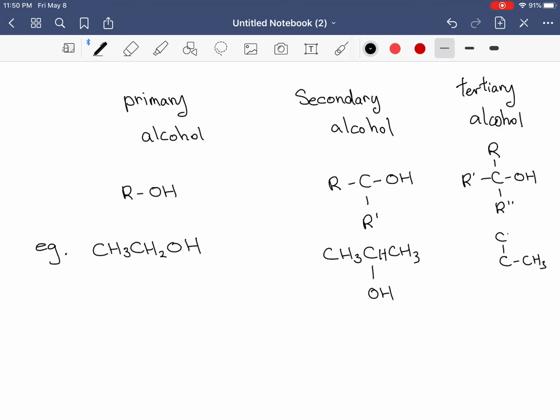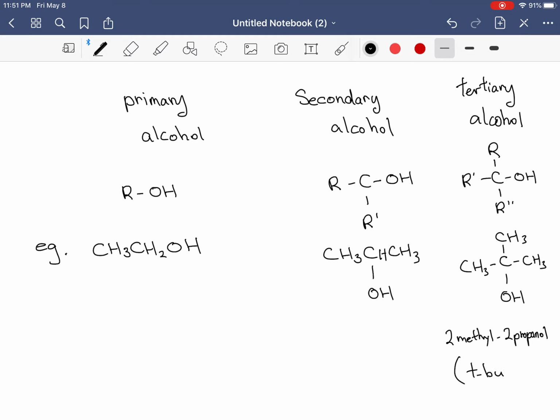And something like this, 2-methyl-2-propanol, will be an example of a tertiary alcohol.